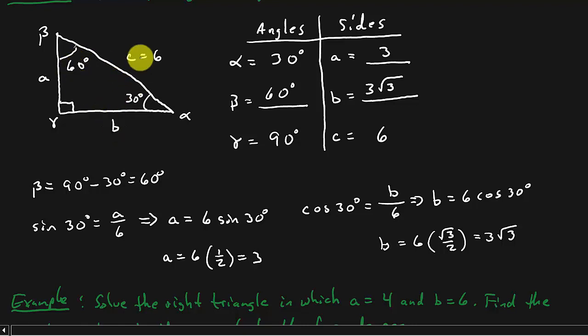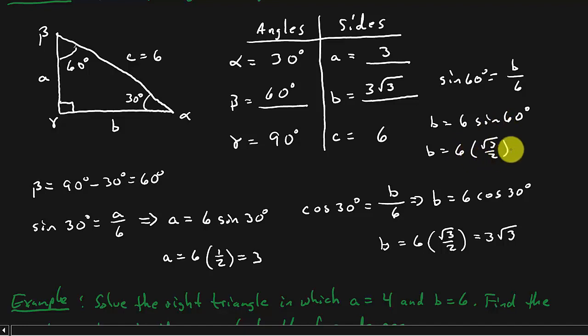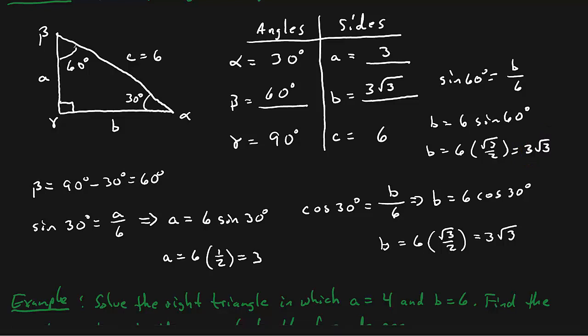That's the sine of 60 degrees, opposite over hypotenuse. So B is 6 times the sine of 60 degrees. The sine of 60 is square root of 3 over 2, so B is 3 square root of 3. So you get the same answer.